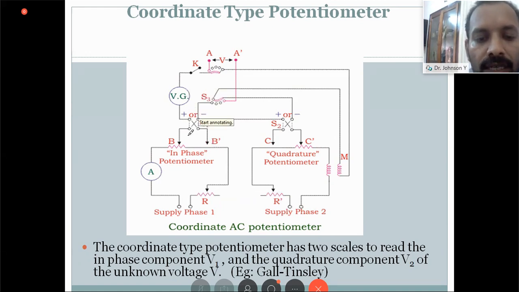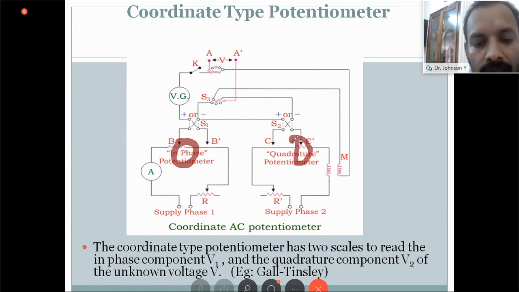At that time, we can calculate both the EMF and the phase angle. Voltage we can calculate using this in-phase potentiometer, and phase angle is calculated using the quadrature potentiometer arrangement.